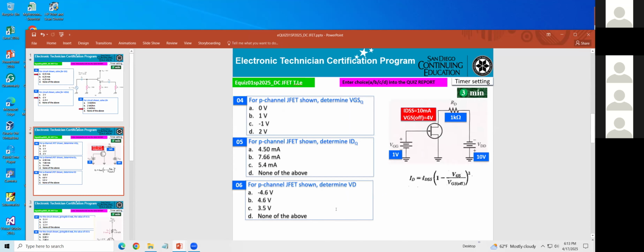This one is fixed bias for P-channel JFET. So that's why they apply positive VGG and negative VDD. This is the formula. So for P-channel JFET, they want to know VGSQ.